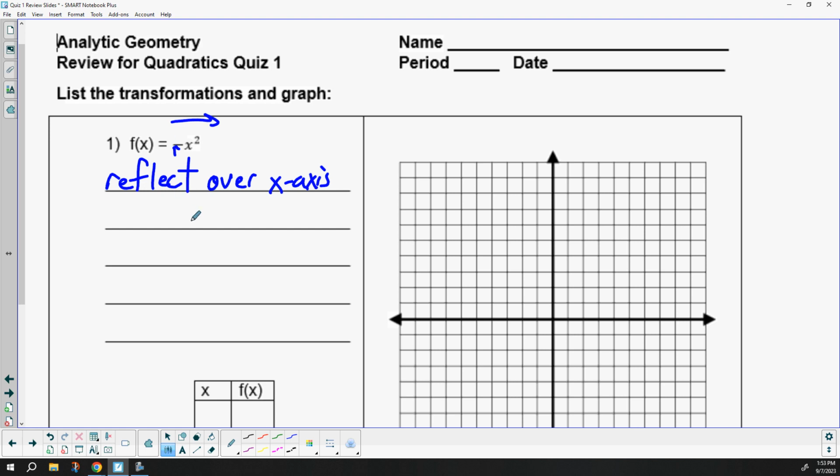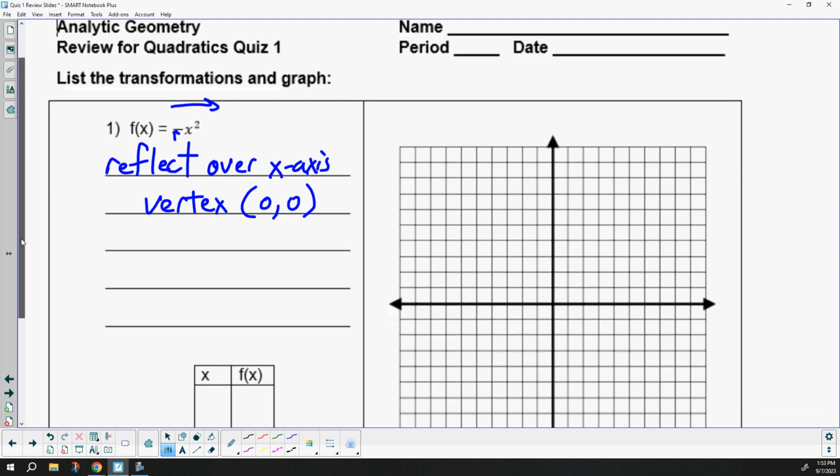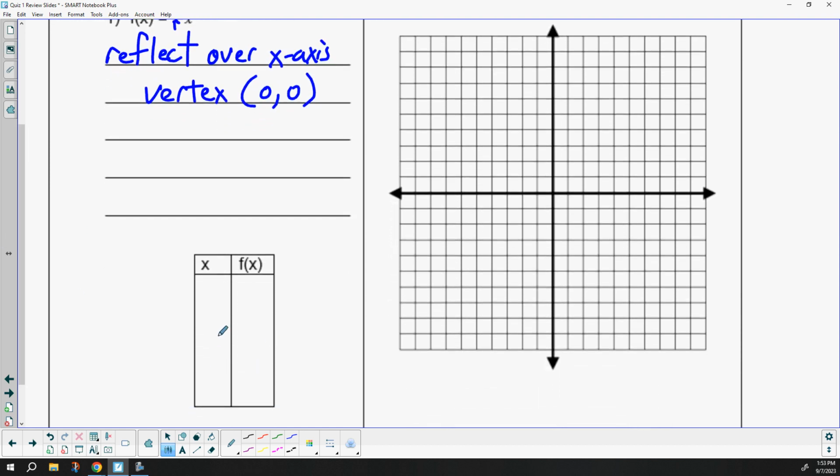The fact that I don't have parentheses or nothing is being added to the back means my vertex is 0, 0. So when I make my T-chart down here, vertex is always in the middle. I'm going to do 2 above and 2 below.